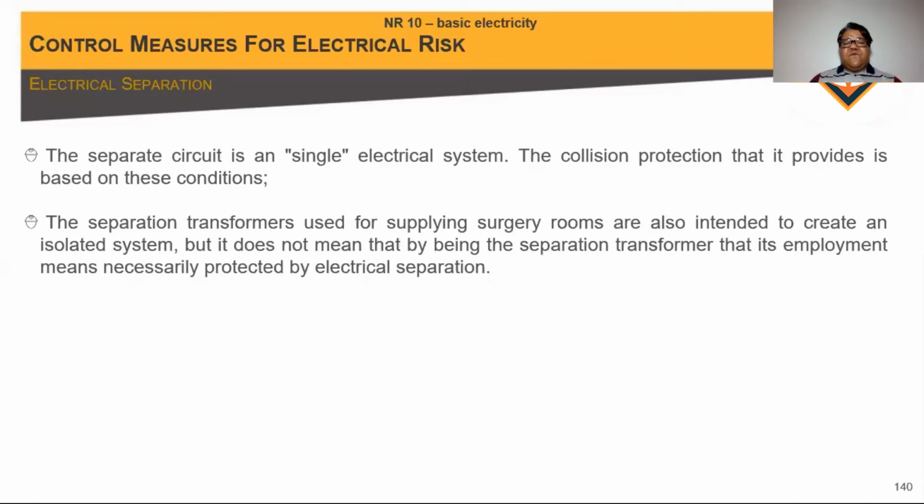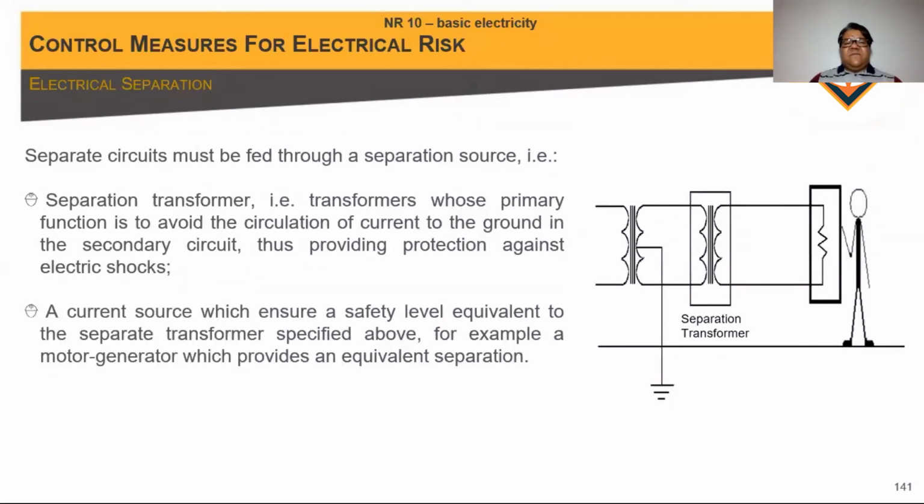The separation transformers used for supplying surgery rooms are also intended to create an isolated system, but it does not mean that the employed separation transformer is necessarily protected by the electrical separation. Separate circuits must be fed through a separation source.